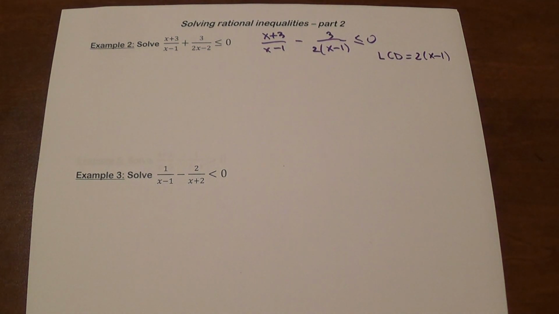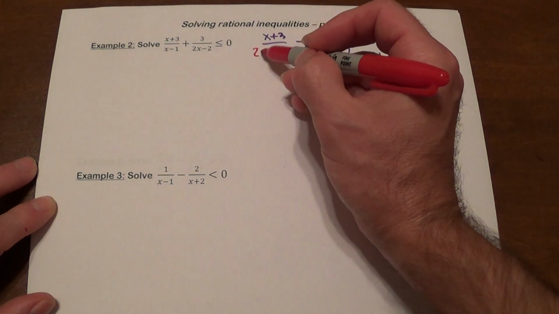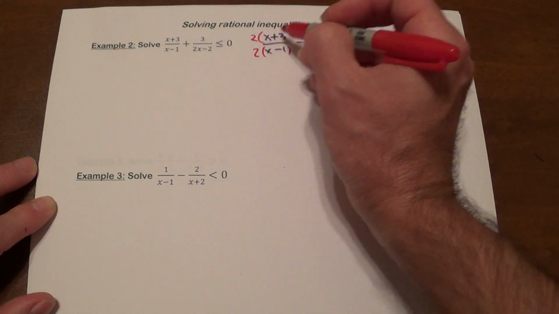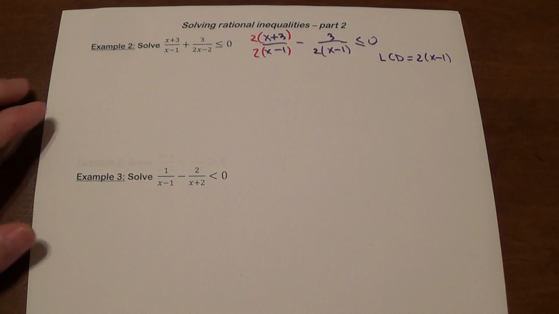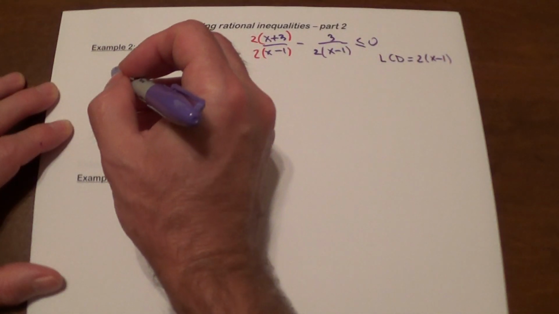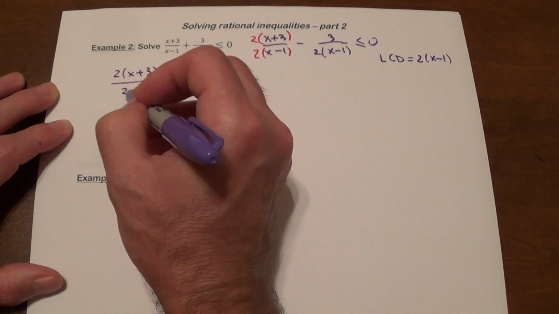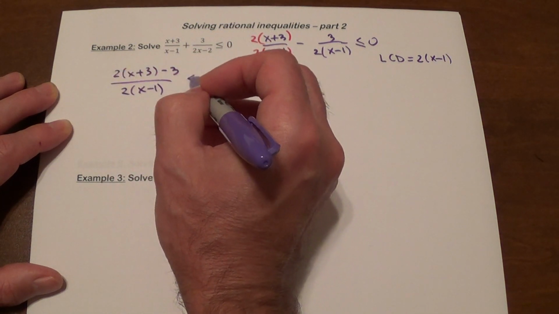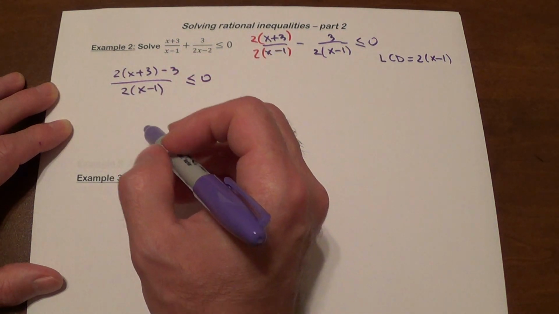We need to multiply the first fraction's denominator by 2 to make it equal, and obviously the numerator is also multiplied by 2. Now it becomes obvious that you can combine them. So we're going to have 2 times x plus 3 minus 3 over 2 times x minus 1 less than or equal to 0.